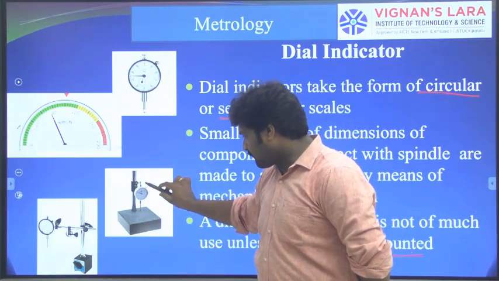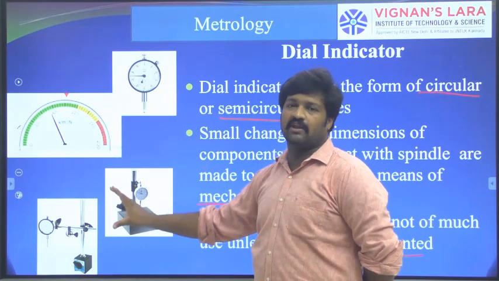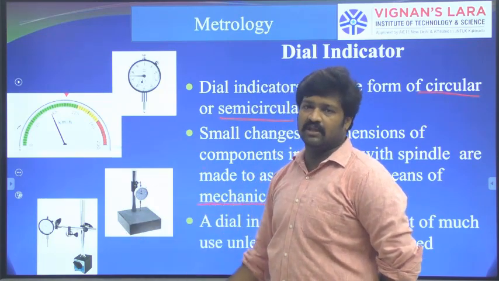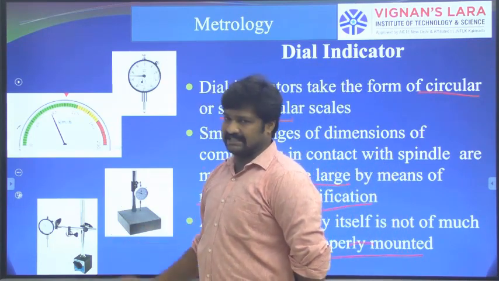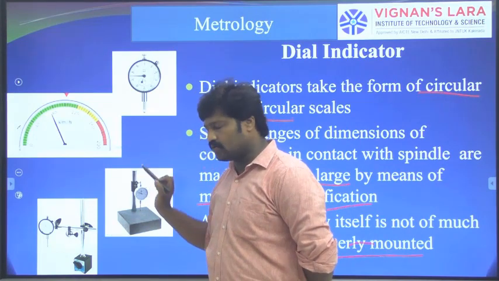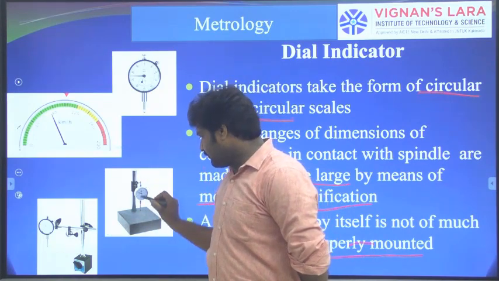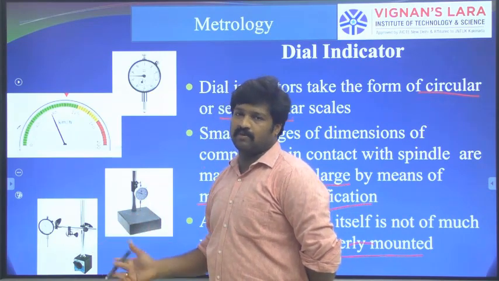If it is properly mounted, if it is aligned correctly, then only we can use the dial indicator as a good instrument. For that purpose, we need some extra accessories like stands. Here we clamped our dial indicator to a stand. By means of the stand, we are comparing or measuring the components.